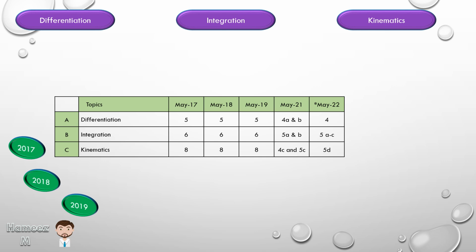However, with the new syllabus change in 2019 and no paper in 2020 because of the pandemic, from May 2021 and 2022, kinematics was integrated within the calculus questions. So we can see that differentiation from May 2021 was numbers 4a and b, and part c was kinematics, as well as integration 5a and b was integration, and 5c was kinematics.